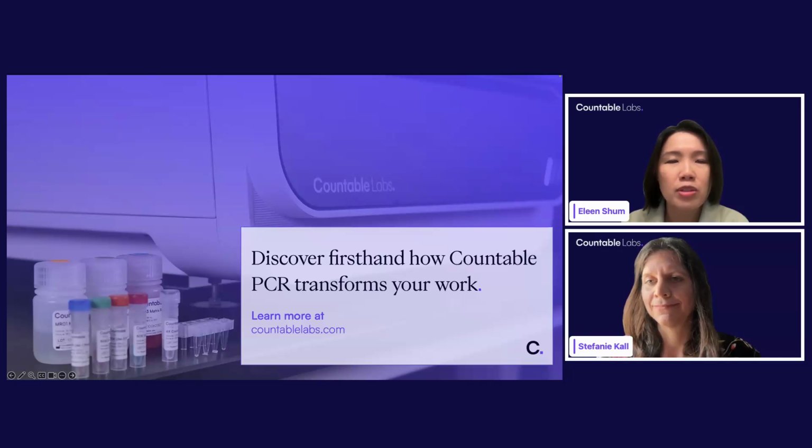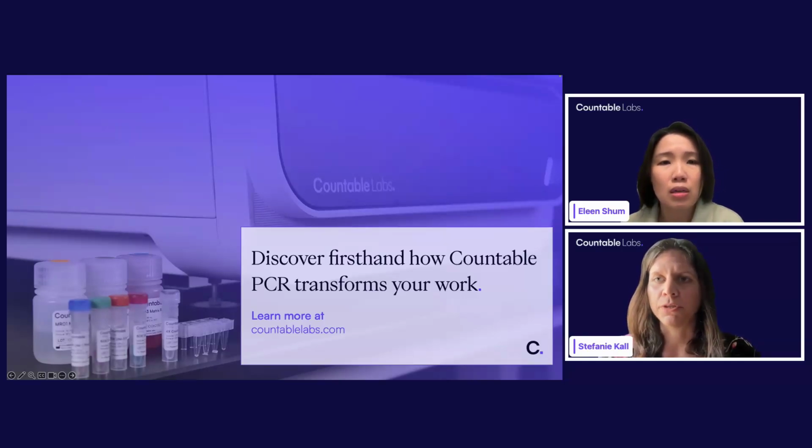There's a question about variability. What is a typical percent CV you would expect to see on the Countable instrument? On average, from most of the experiments I've seen, right out of the box with almost no optimization, you get a max of 5% CV, and you can get even lower. Our techs who are very good at pipetting get 1 to 3% CV.